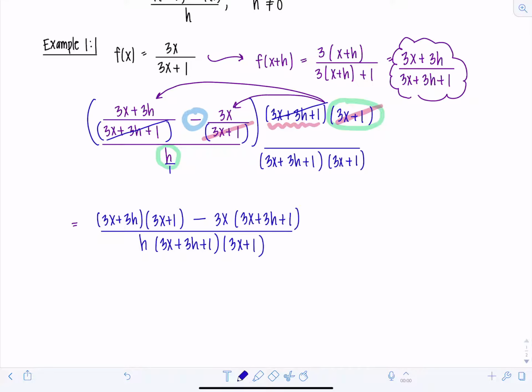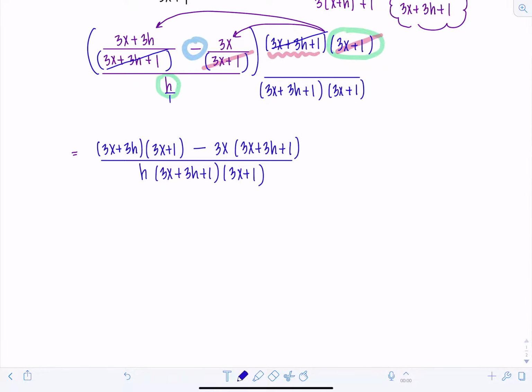Now take a look, make sure you shouldn't have a complex fraction anymore, meaning there shouldn't be any fractions in the numerator. From here, we just have to distribute and multiply everything out. So we're going to have, foiling here, 9x squared plus 3x plus 9hx plus 3h minus, and then be careful to distribute this negative to all three terms here, 9x squared minus 9xh minus 3x.